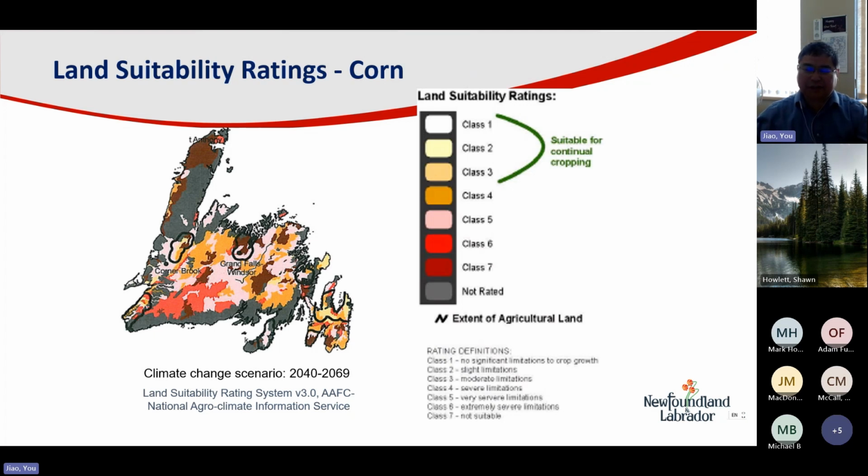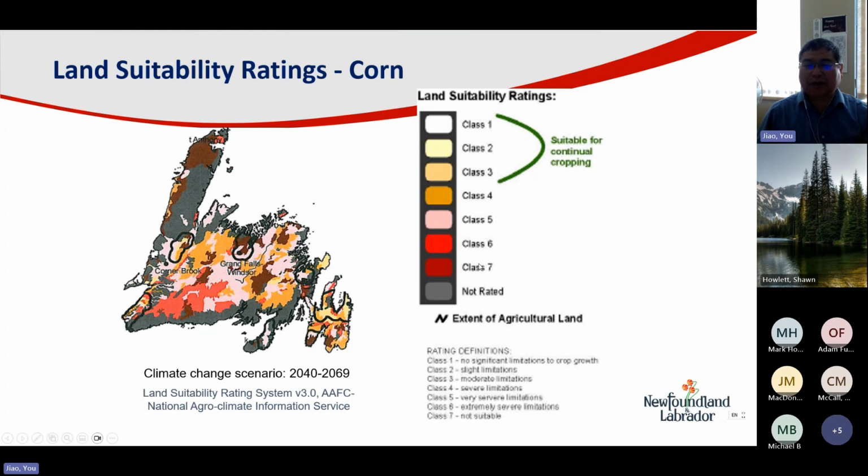In 20, 30 years, we may get a higher temperature, on average increased by 2 to 3 degrees, and the growing season might extend by 2 weeks. The longer growing season is better for the crop, for agriculture. But for the land suitability, in this case, for the model prediction, even after 30 years, the land would not get much improved.